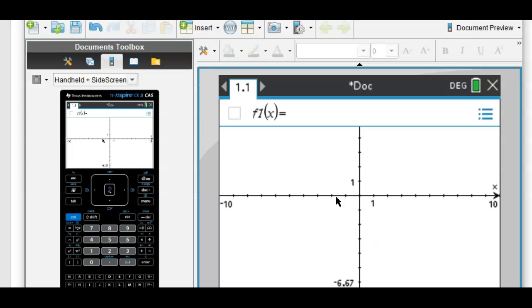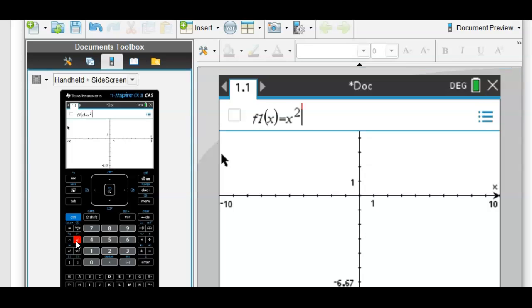As I said before, the f1 of x is what y is. So all we need to do is plug in our equation. We had x squared plus 3x plus 2. We don't put the equals 0 in, because that's what we're letting y equal. This is just your general equation.